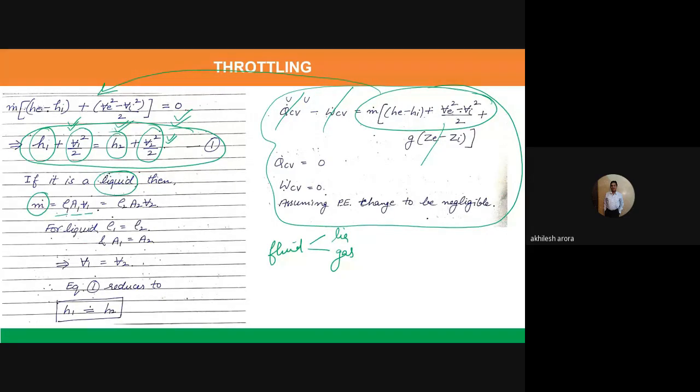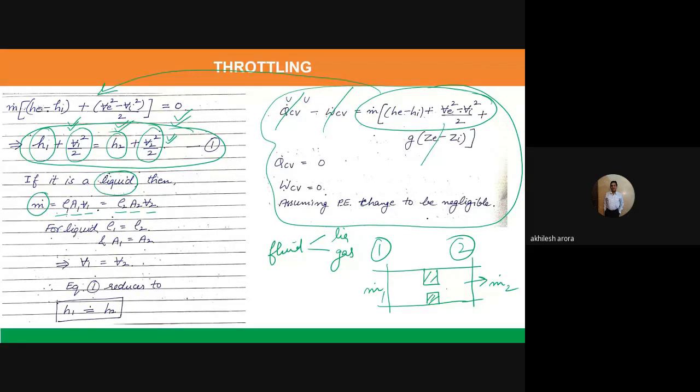Basically, this is the first section, this is the second section, and in between we have the restriction. Whatever mass flow rate enters here, the same mass flow rate leaves here. So m1 and m2 are actually equal, the mass flow rates are equal.